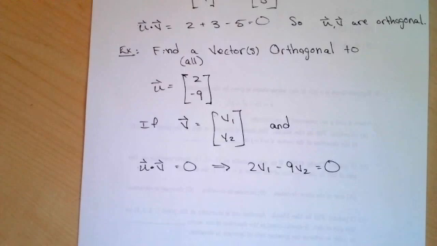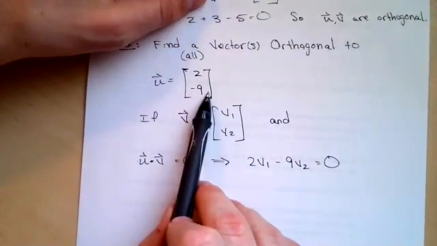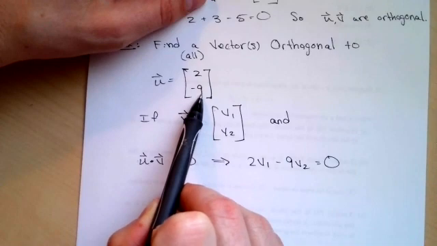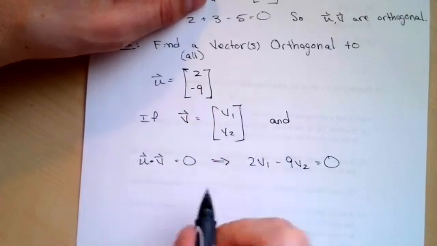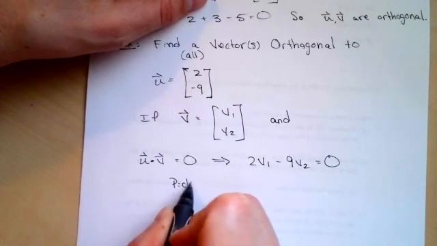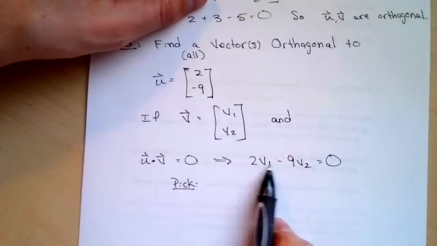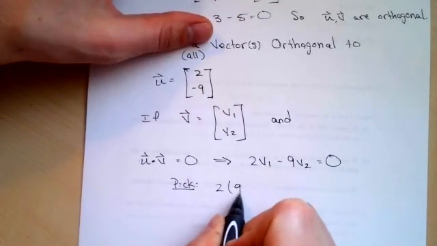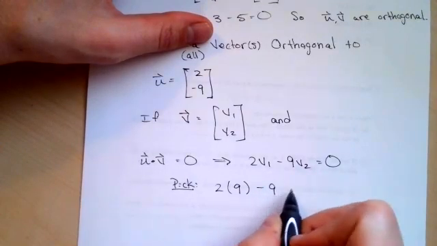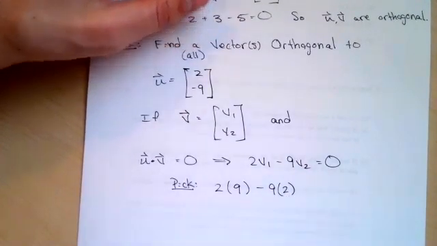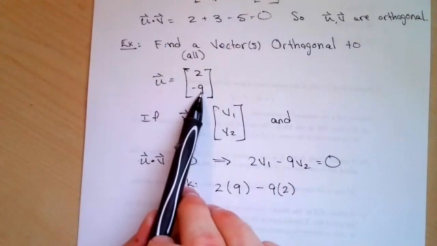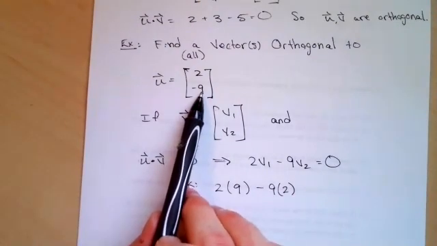So if we just want to find an easy one, the easiest trick is, well, the components of u are 2 and negative 9. And if we want to sort of undo their operations, if I flip them, so do 2 times 9 minus 9 times 2, in other words, I flipped those coordinates and then made one of them negative.